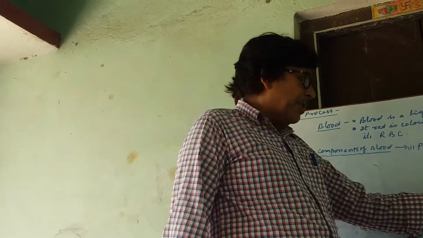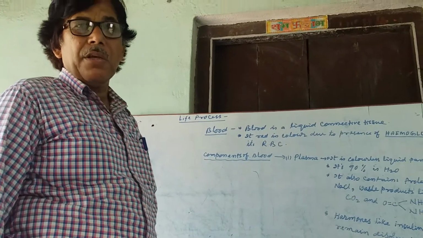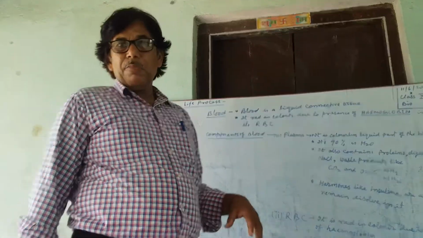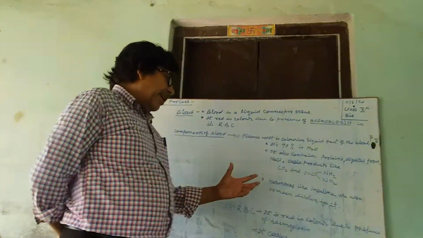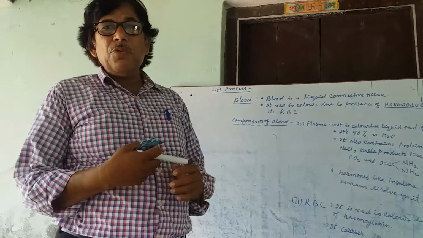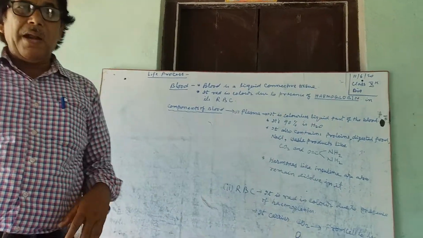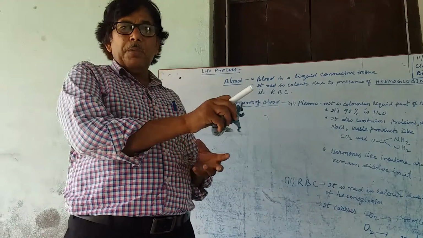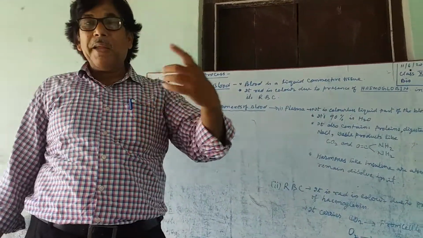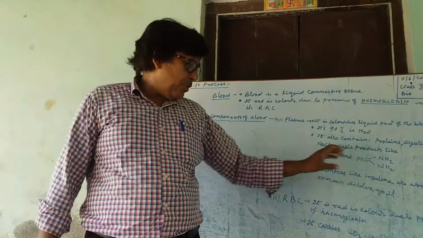Due to the digestion of protein, urea is produced, which is the most toxic waste produced in the body. Except these, some hormones like insulin are also present in blood. Insulin is thrown into the blood through the pancreas. This controls the blood sugar.